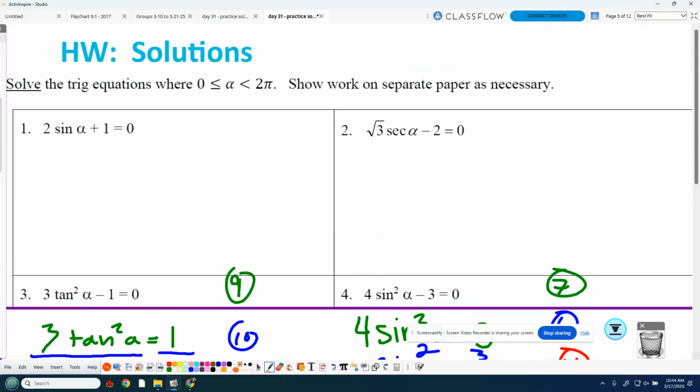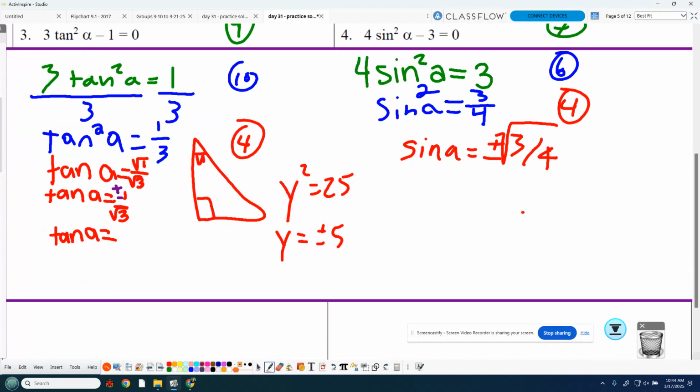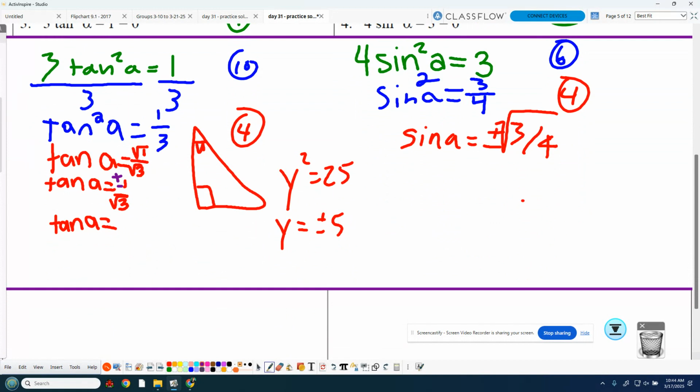Last class, lots of people said there's a square root, and they put a plus or minus in there, which is wrong. This was already here. It wasn't written, but it's implied to have been positive. Don't introduce the negative. It's not there. If I wanted the negative, I needed to give it to you in the first place. However, down here, when you put in the square root, you need to do the plus or minus.